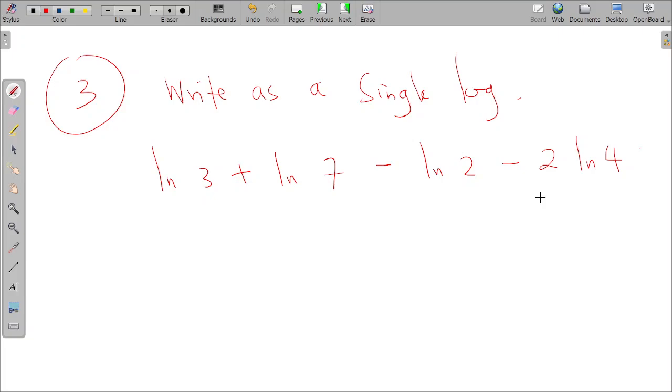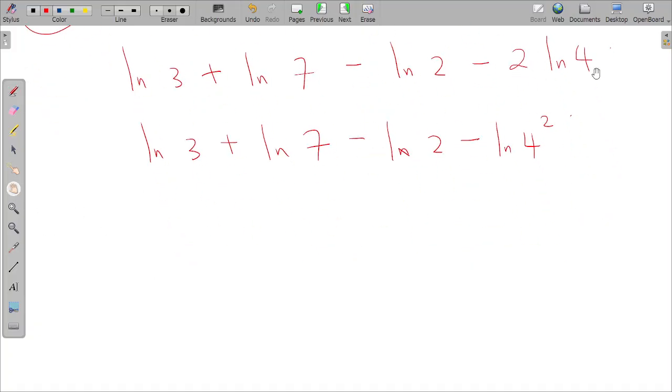They are all ln. So let's write ln 3 plus ln 7 minus ln 2, and minus ln 4 raised to power 2. You remember we can bring the 2 up as the exponent.